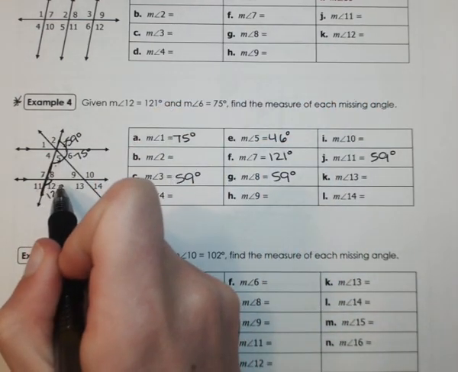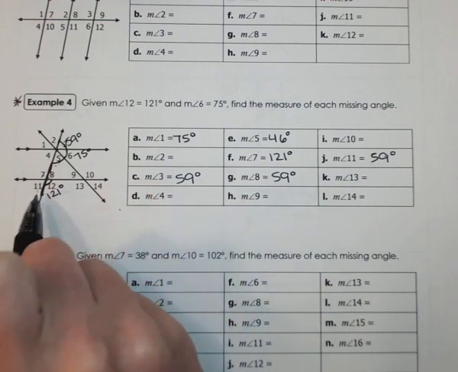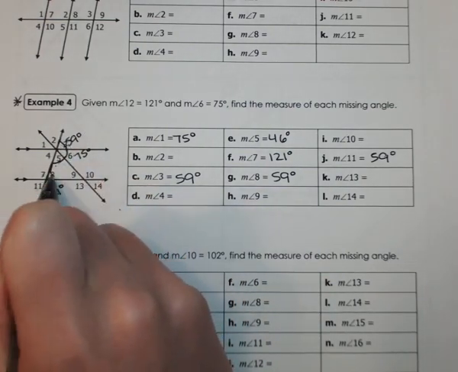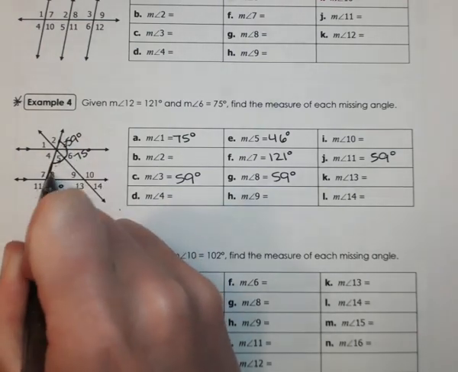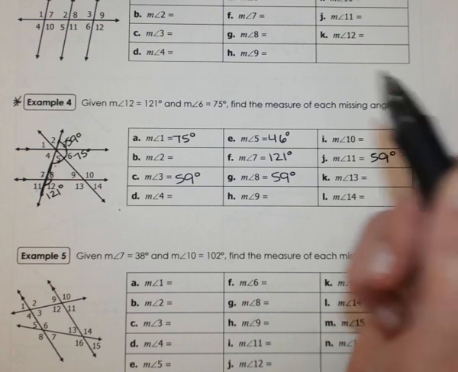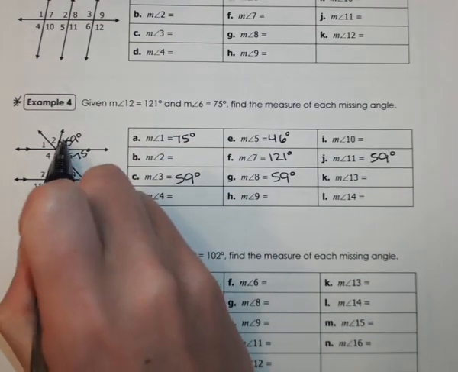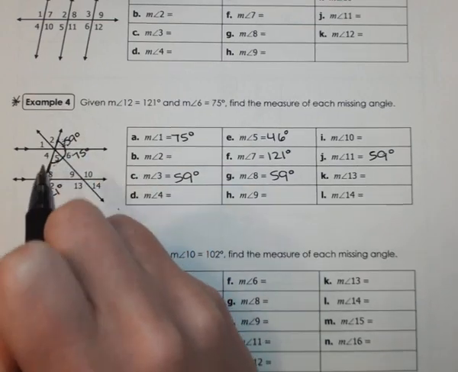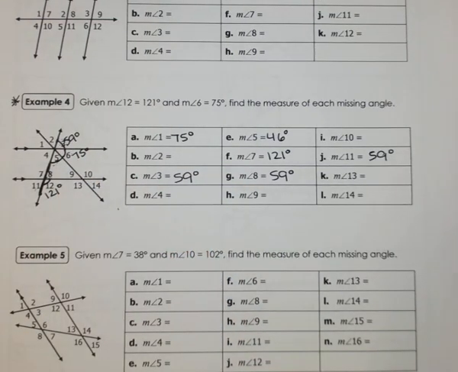Again, I found out that measure of angle 3 is 59 degrees because measure of angle 8 is 59 degrees. They lie in the same position. They're corresponding. And then I found 5 because all three angles have to add up to 180. So I added these two and subtracted from 180 to get 46 degrees.